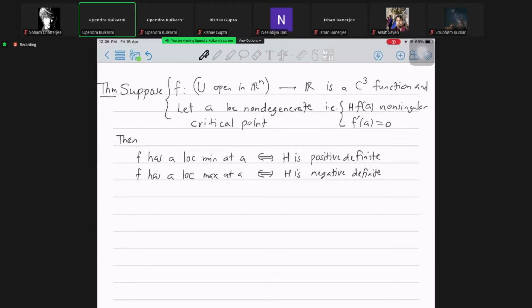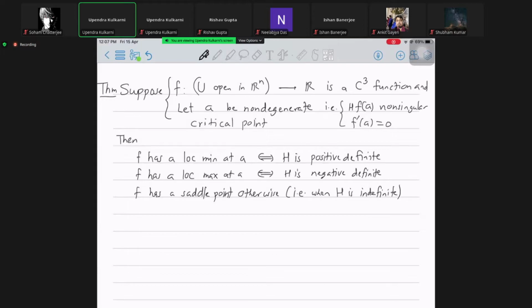And in that case, what we can say is that F will have neither a local maximum nor a local minimum, but it has a saddle point. So of course, I have to define what a saddle point is. F has a saddle point when H is indefinite.